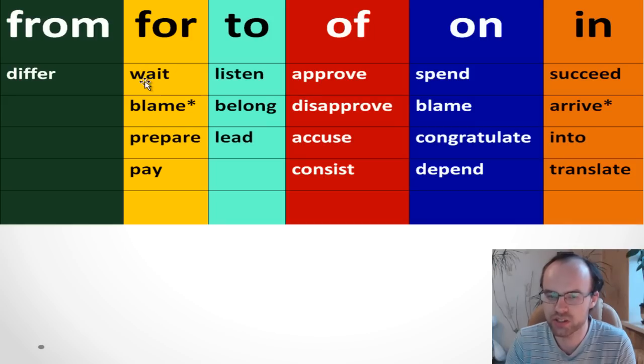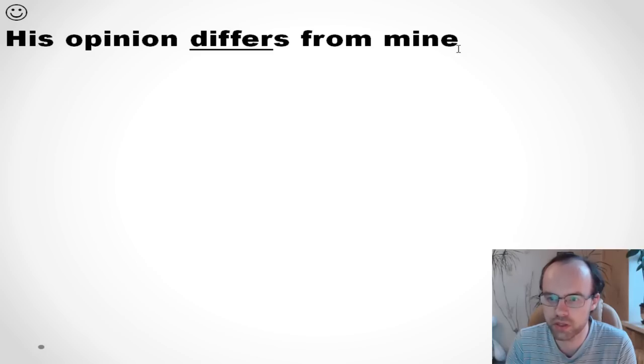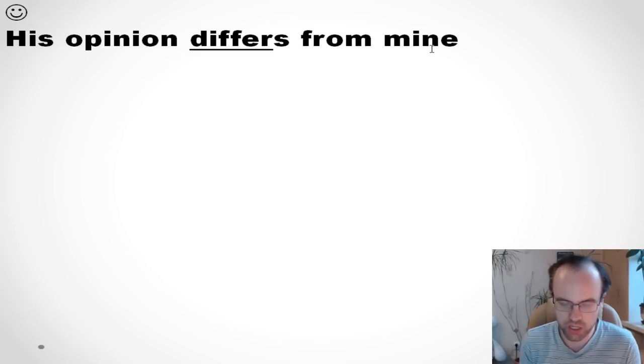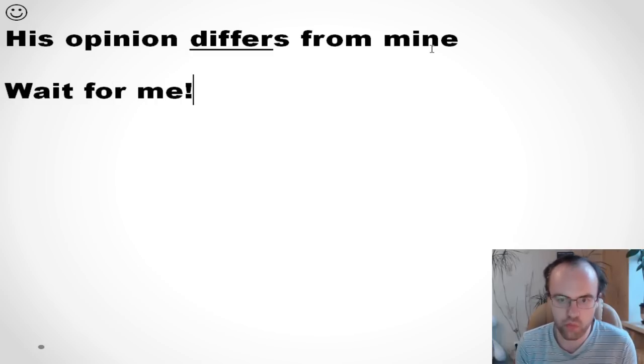So remember, my friend, wait for. For example, wait for me. Students often forget about for. Wait for me, okay? Or you can say, for example, I'm waiting for your next lessons with impatience.